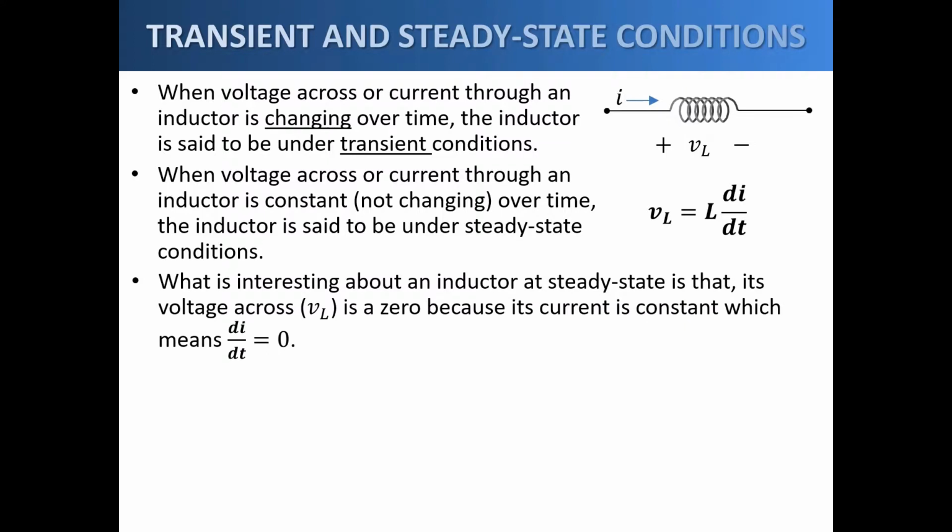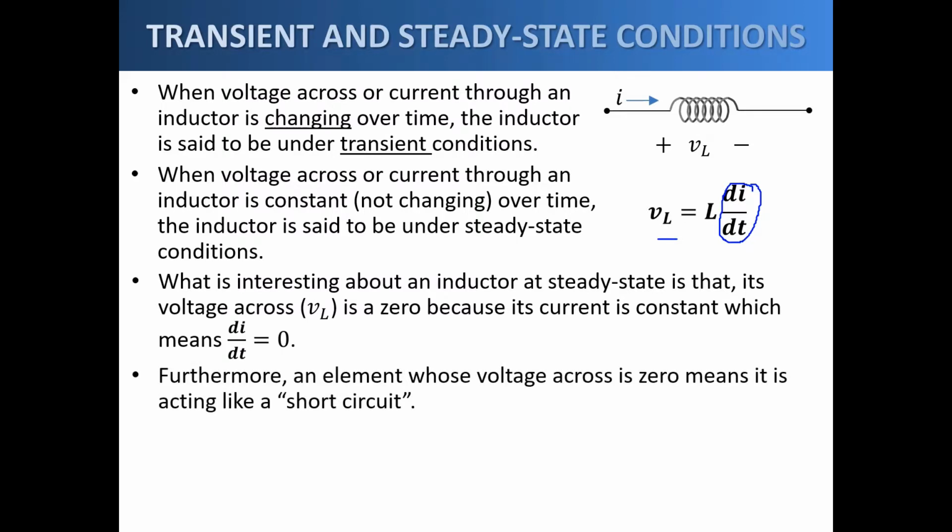What is interesting about an inductor at steady state is that the voltage across it is zero because the current is constant. That is, if we take the derivative of a constant current, that will give us zero. So di/dt will be zero at steady state, and therefore V sub L will be zero as well.